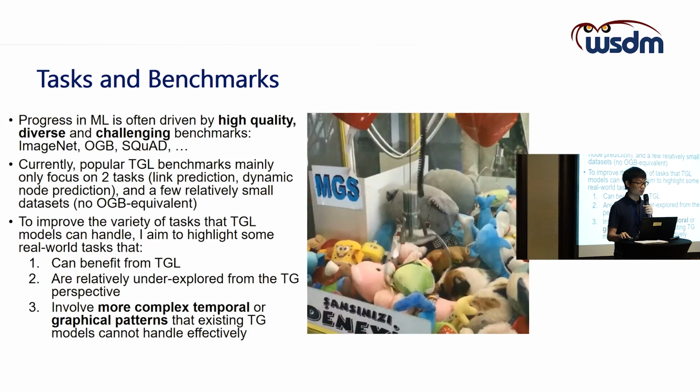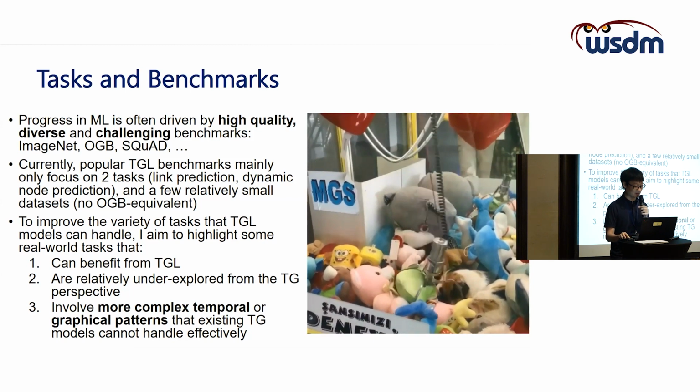Especially, we would like them to involve more complex temporal or graphical patterns. One of the issues with the existing benchmarks is that people argue that they only use relatively shallow information. That means they don't really benefit from more complex processing, deeper neural networks and so on. So we would like them to use more complex patterns.